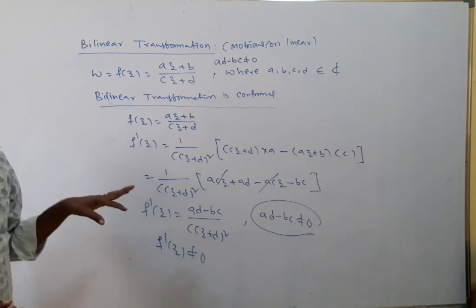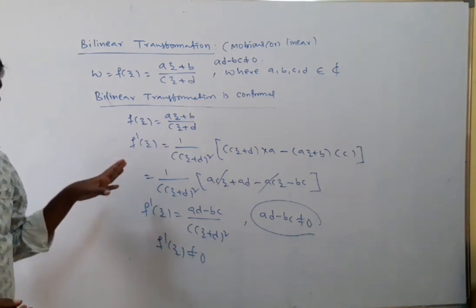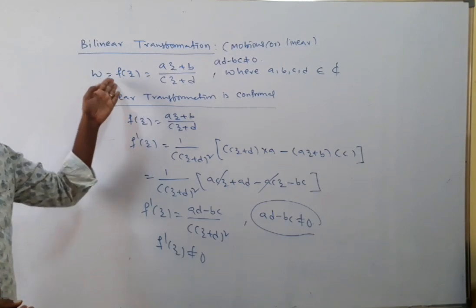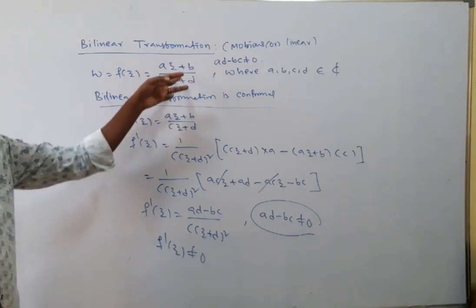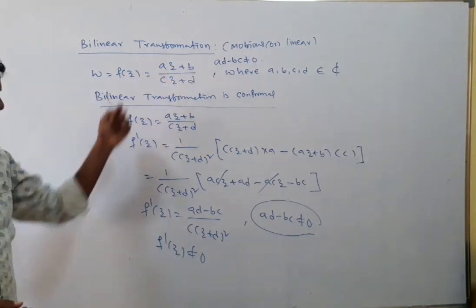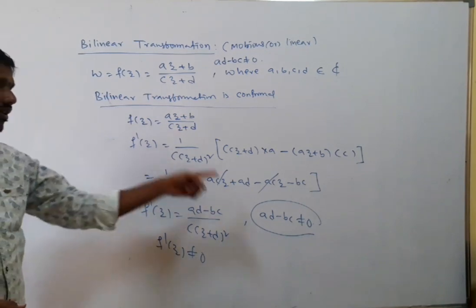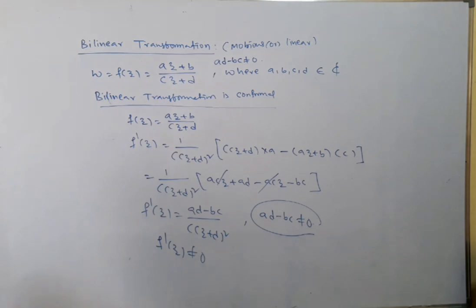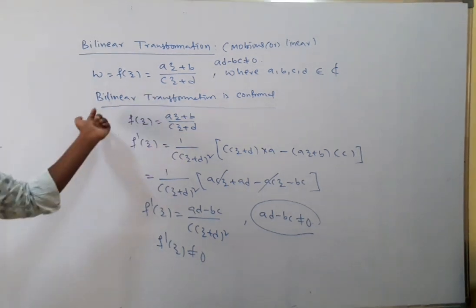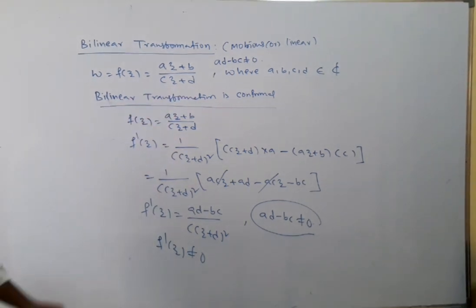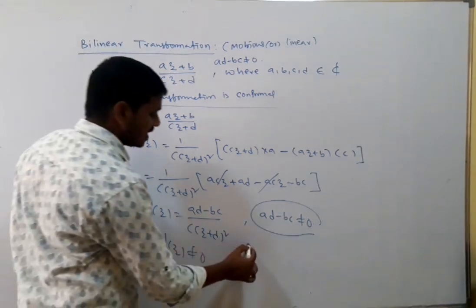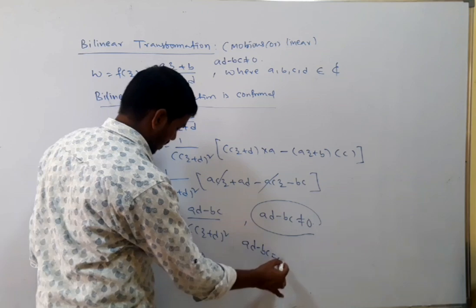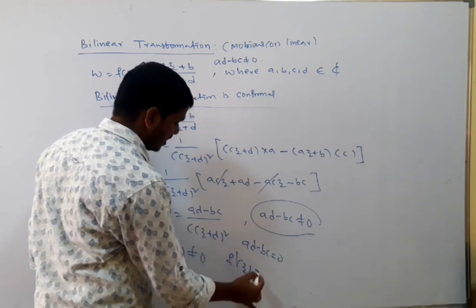Whatever a, b, c, d we take, and we write the transformation w is equal to f of z is equal to az plus b divided by cz plus d, f dash of z is not equal to 0 if ad minus bc is not equal to 0. So we clearly say that the bilinear transformation is conformal. Suppose ad minus bc is equal to 0; in this case f dash of z is equal to 0.